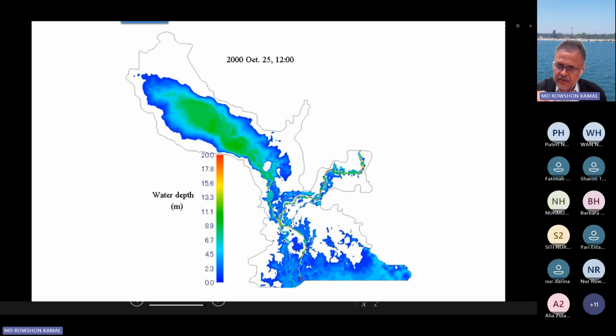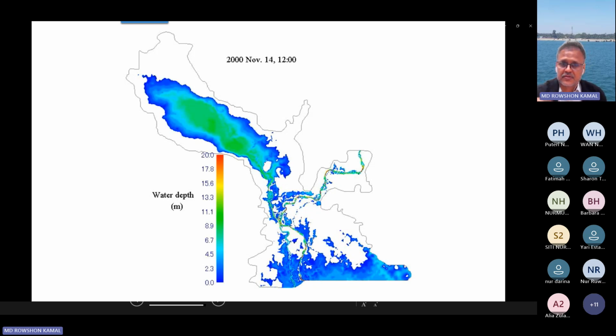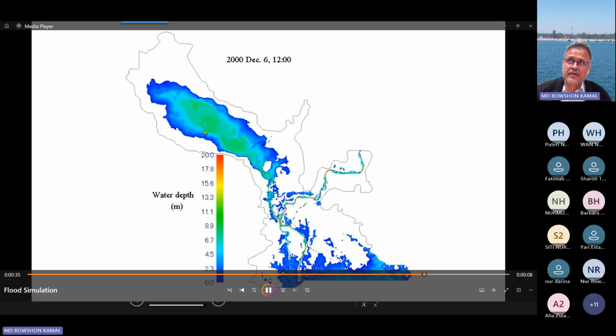This one is not your level, but once you finish, you can do a master's or PhD and do this kind of analysis. This is called flood simulation. When heavy rain comes, this shows how the flood comes and how the water is going.